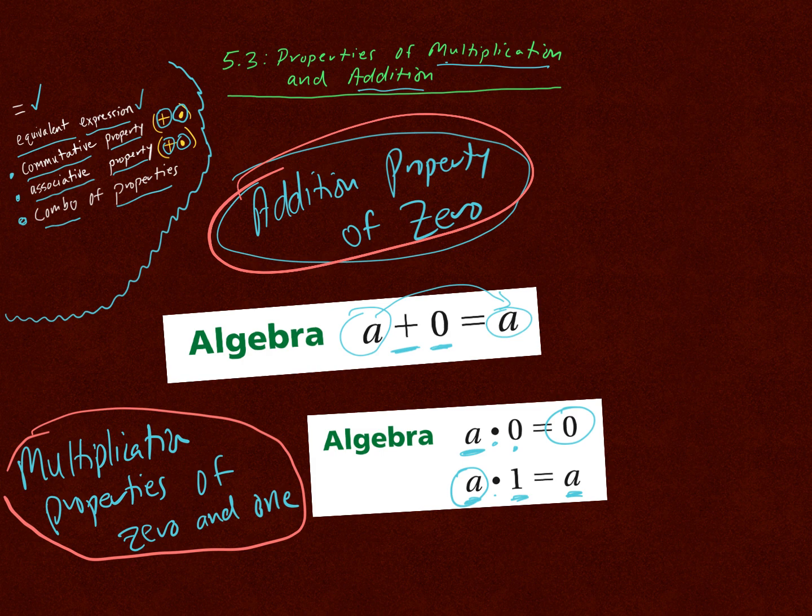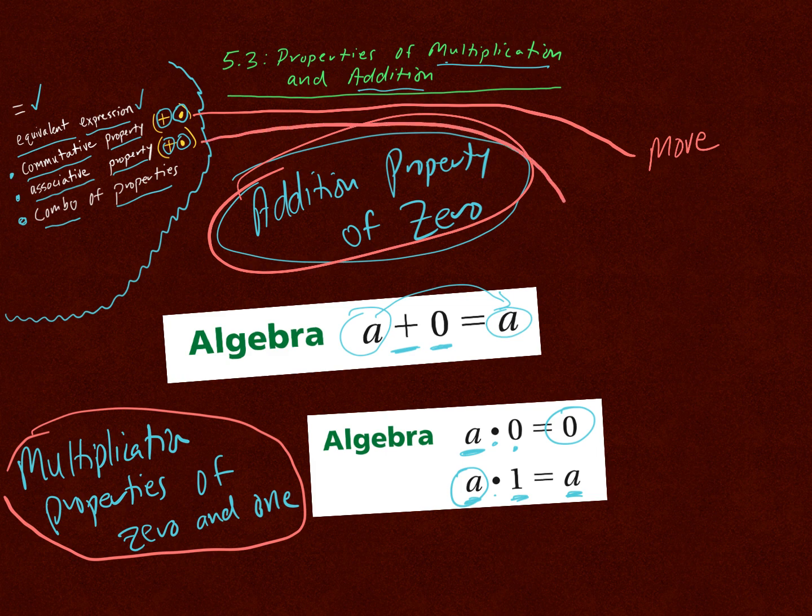And then the last thing, just understanding that commute means to move the numbers when you are multiplying or adding. And then associative is you can move the parentheses whenever you are multiplying or adding, okay? So don't get confused with division and subtraction. These rules don't apply. This is only for multiplication and addition.